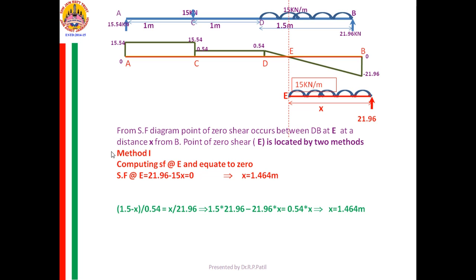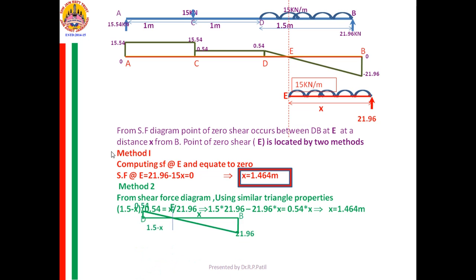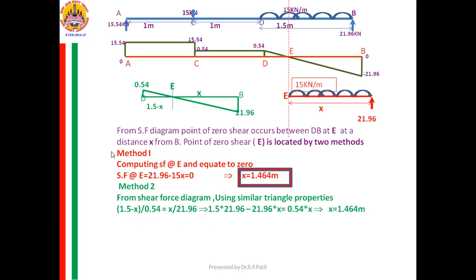This point is very important in the bending moment diagram, whether he is asking it or not. If this point is there, you need to calculate it. Okay, I got that particular point. Next, one more method is method 2. You just focus for the shear force diagram.